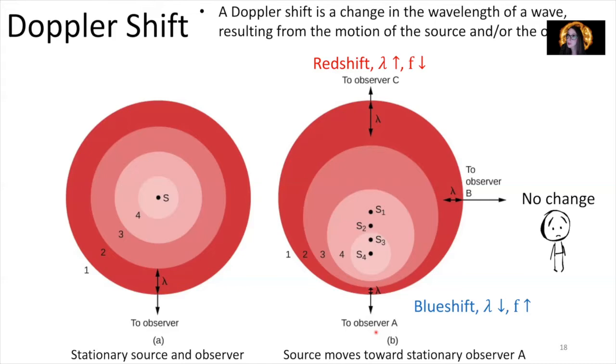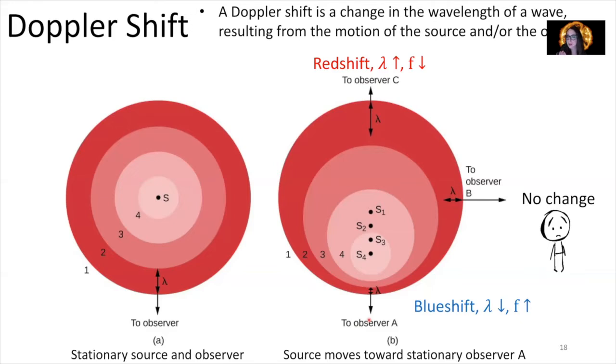As that source is moving toward you, the wavelength of that sound that you hear in your ear decreases. So if you decrease the wavelength, you increase the frequency. So as that police car is moving toward you, you're going to experience that sound wave as having an increased frequency, a decreased wavelength.